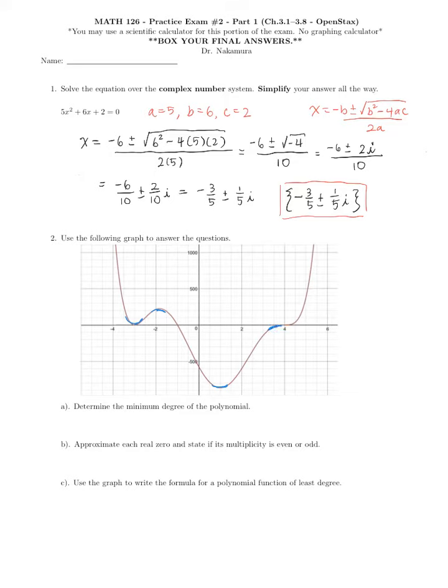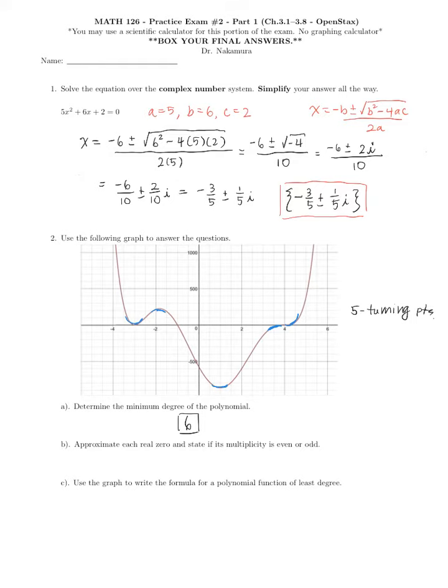And then there's another one starting from this way. So we have 1, 2, 3, 4, 5. We have 5 turning points. That means the degree of the polynomial is going to be 1 more than the number of turning points. So I'm going to say the minimum degree is 6.